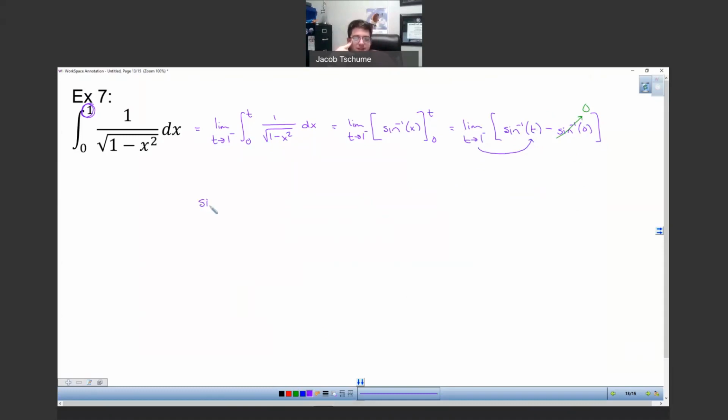So this would be the inverse sine of 1, which is equal to pi over 2. Since that is an actual finite area that you can find, this is going to be a convergent type 2 improper integral. If you had gotten infinity or negative infinity or does not exist, that's when you would say it's divergent.